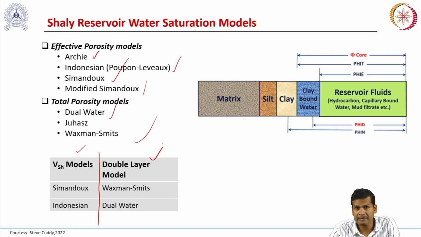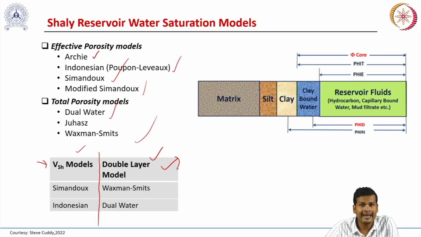In a VSH based model, we use the shale content values or the salinity of the formation to calculate the formation water saturation. That means the input will be our effective porosity and the shale content or the salinity of the formation. In double layer models, which are based on the actual physics of the rock, we consider both the conductive path offered by the pore fluid inside our pore spaces and the conductive path offered by the excess conductivity inside our clay.